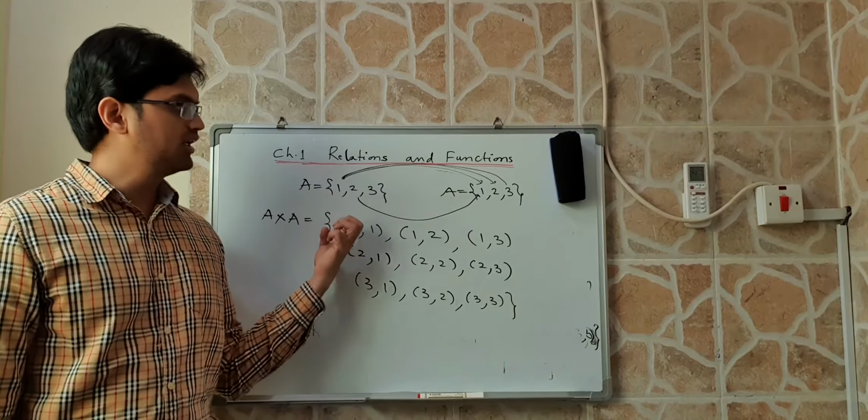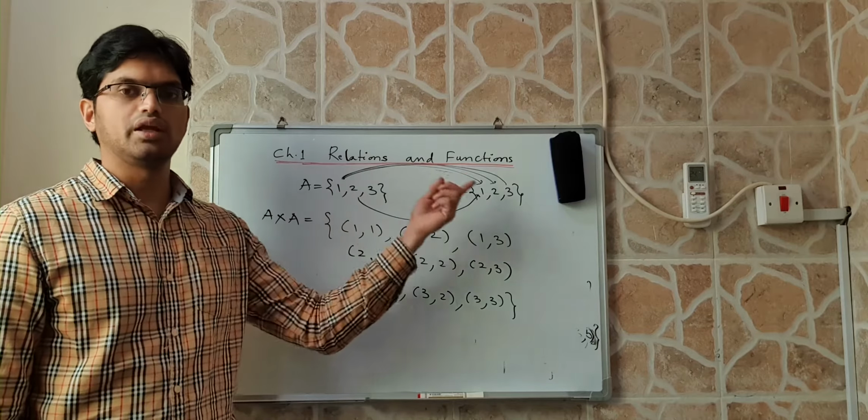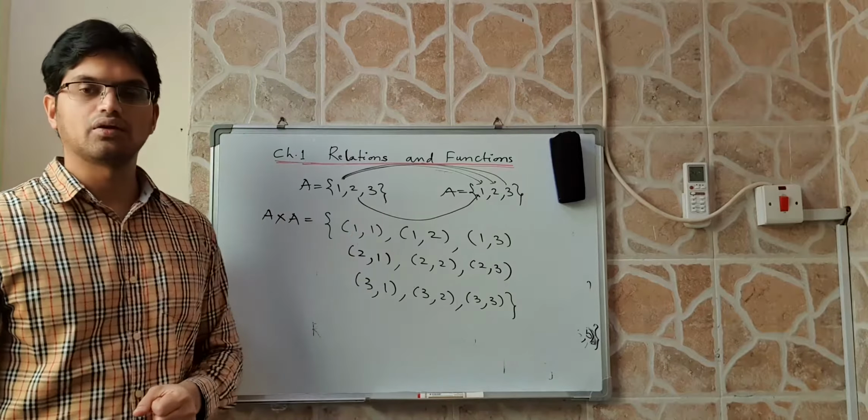So we have associated all the elements of A to A. That means we found A cross A.